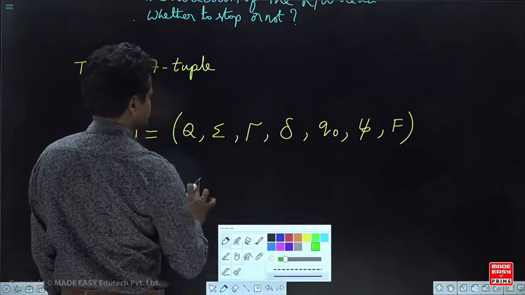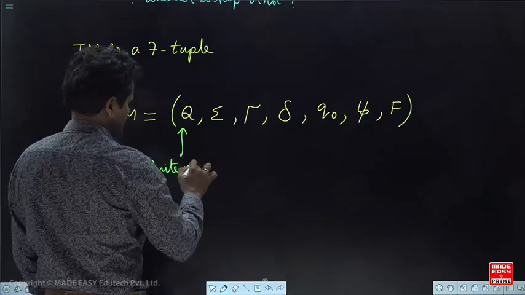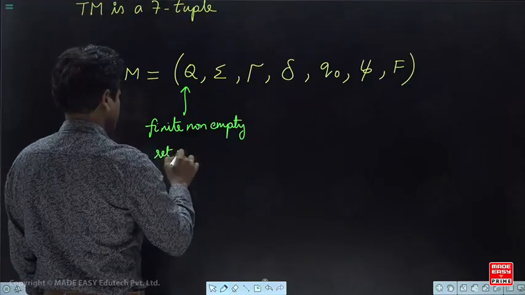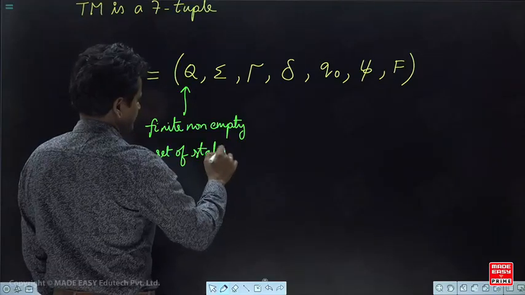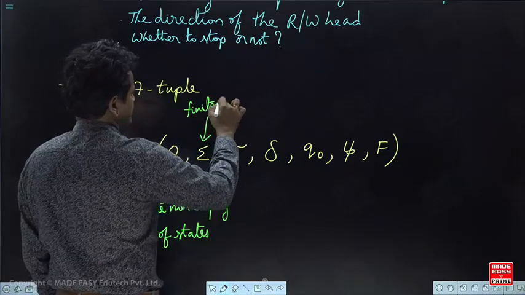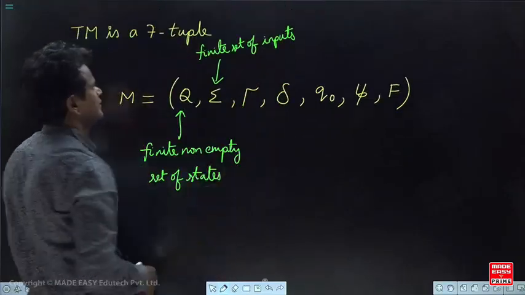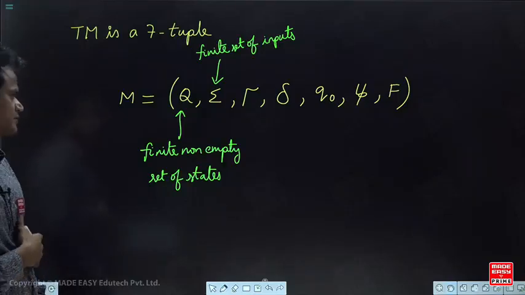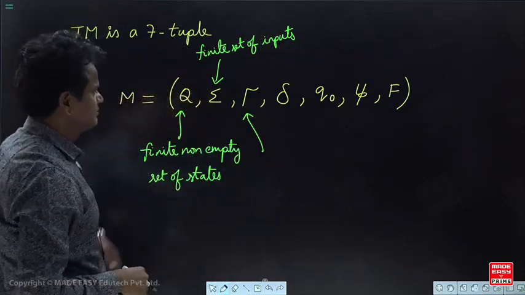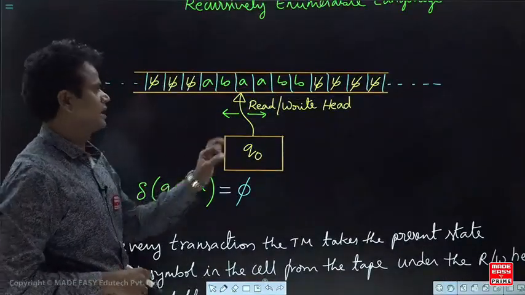As usual, what is Q? A finite non-empty set of states. Sigma is the finite set of inputs. Guys, whatever symbols we use in the tape are called tape symbols.